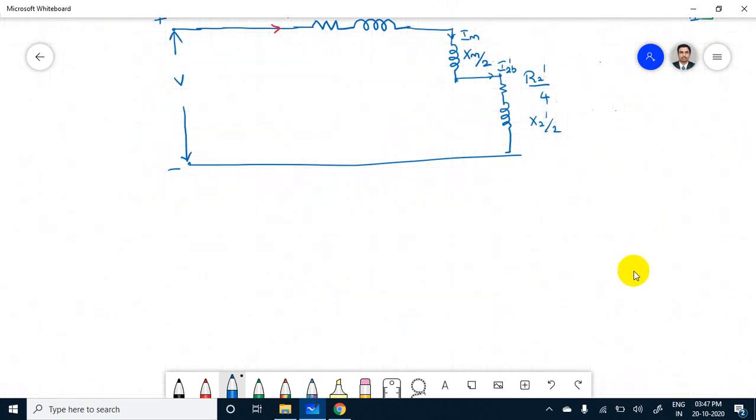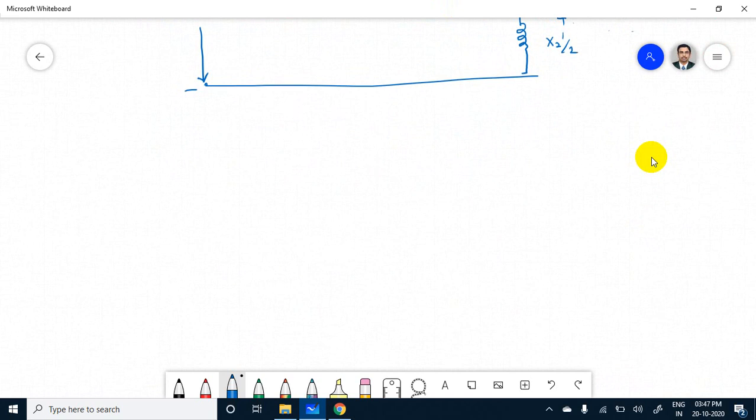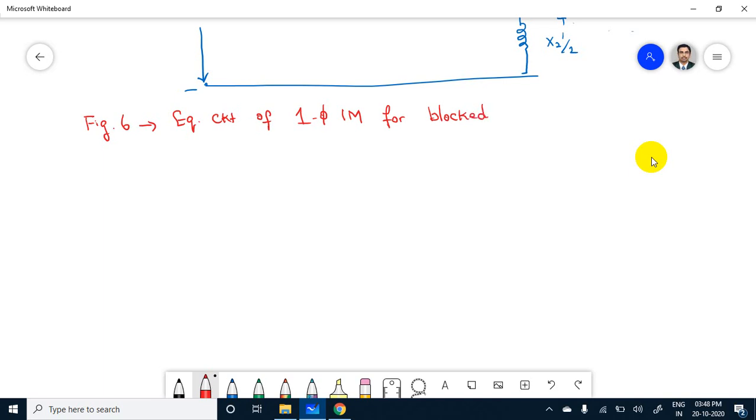In terms of blocked rotor, figure 6 shows the equivalent circuit of single phase induction motor for blocked rotor test.